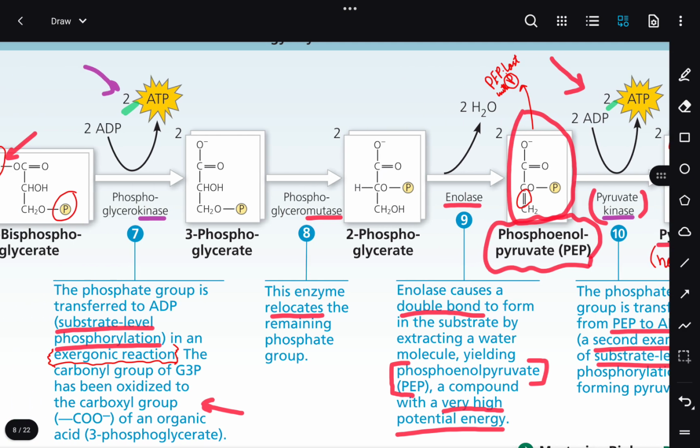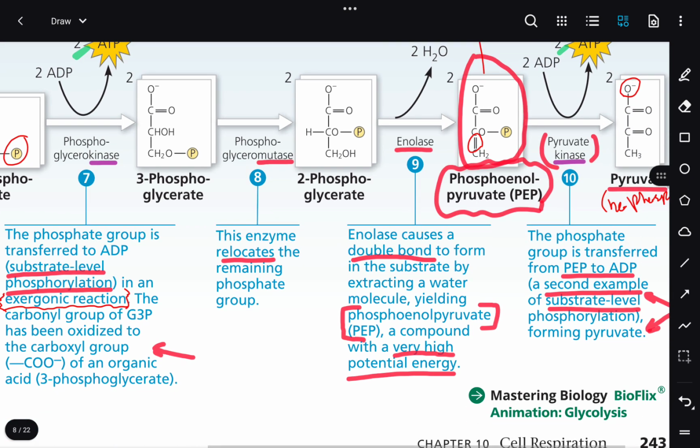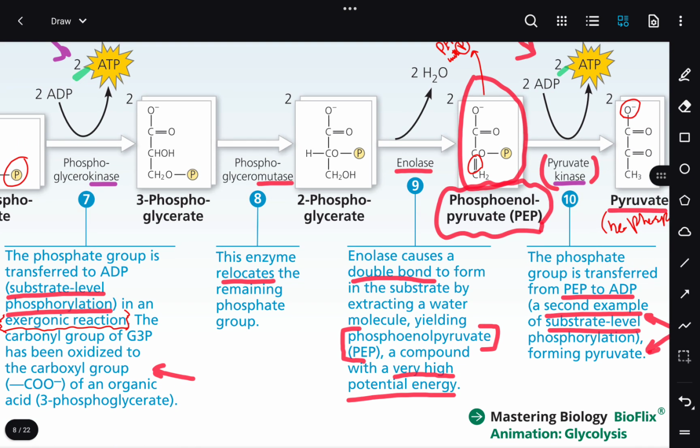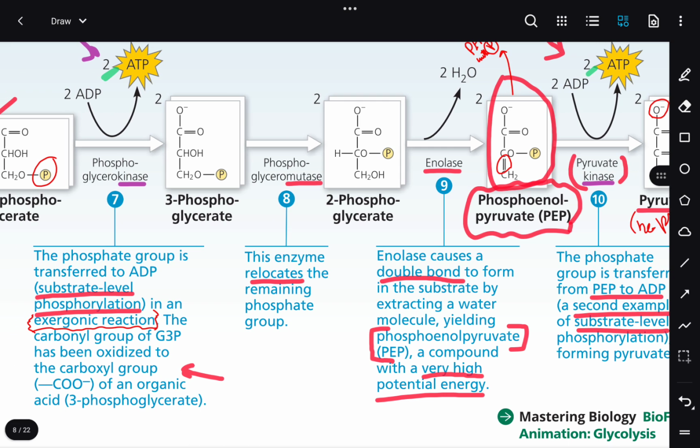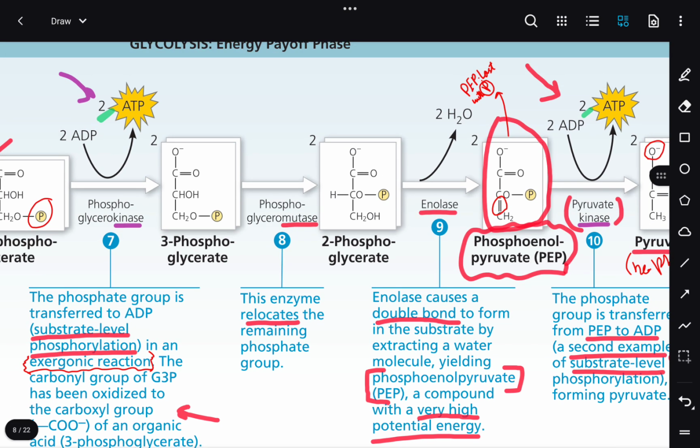Now, after the mutase, we have a new enzyme, which is enolase. Now, enolase will create PEP.